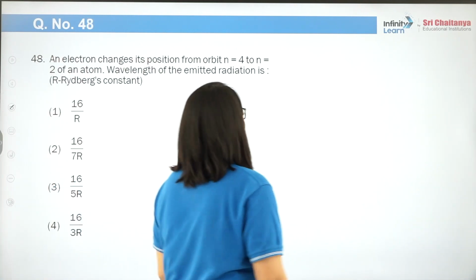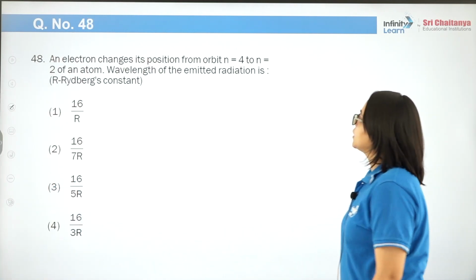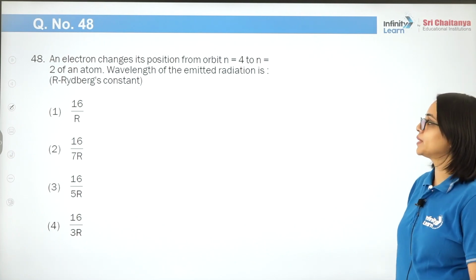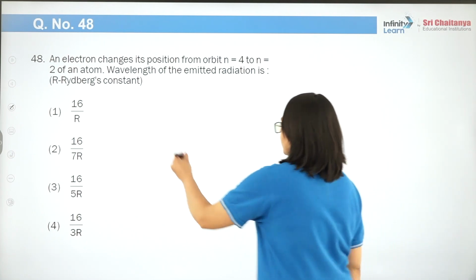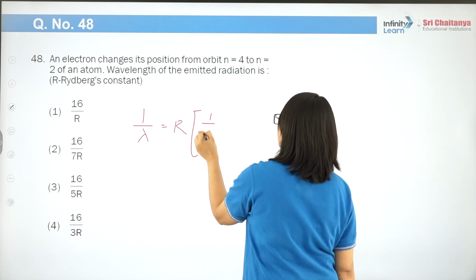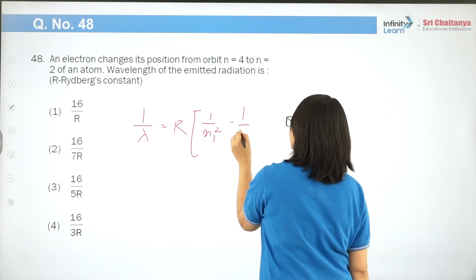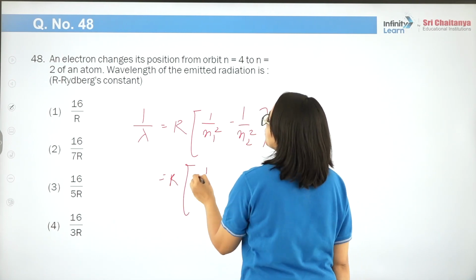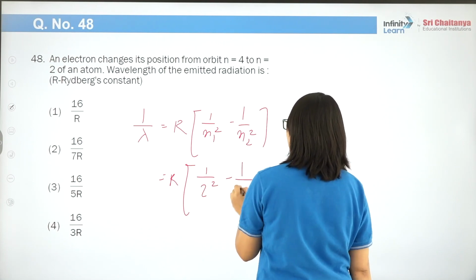Next is question number 48. We have an electron changes its position from 4 to 2 of an atom. Wavelength of the emitted radiation is. So we have 1 upon lambda is equal to R into 1 upon n1 square minus 1 upon n2 square. So this will be R into 1 upon 2 square minus 1 upon 4 square.